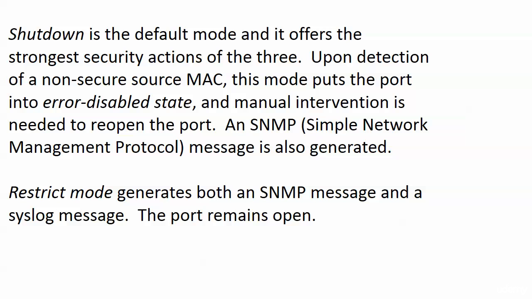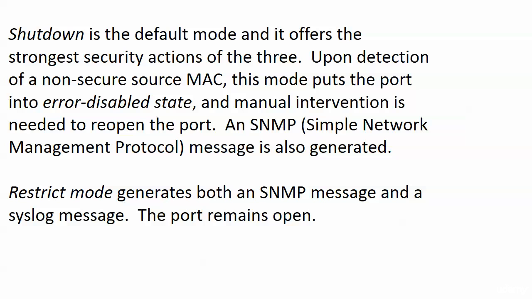Because when a non-secure source MAC comes in, this mode puts the port into what we call error disabled state, or often called just error disabled state. Just drop the 'or' there. And manual intervention is needed to reopen the port. You and I, the network admin, we've got to connect to that switch, shut the port down and then reopen it. We have to reset it. And a Simple Network Management Protocol SNMP message is also generated.